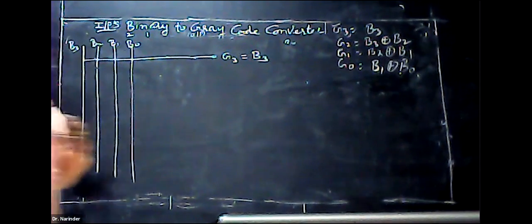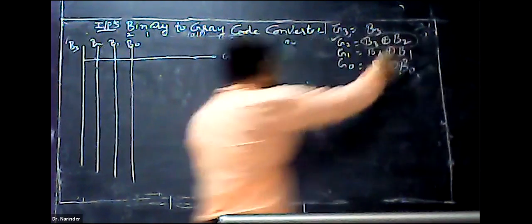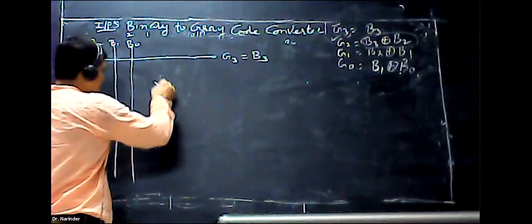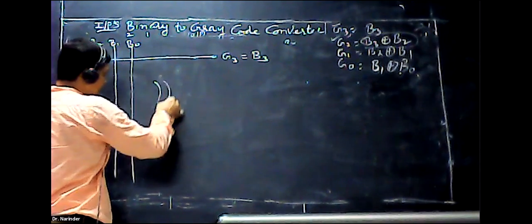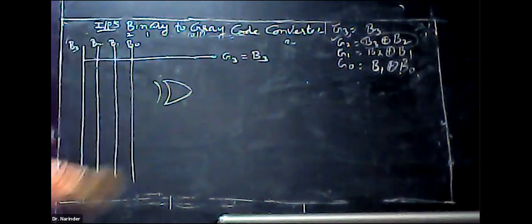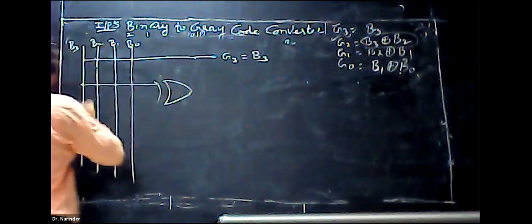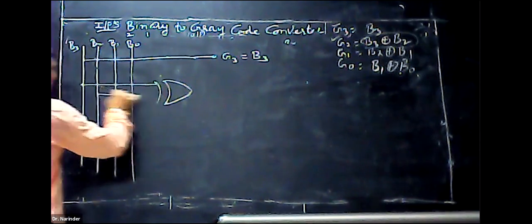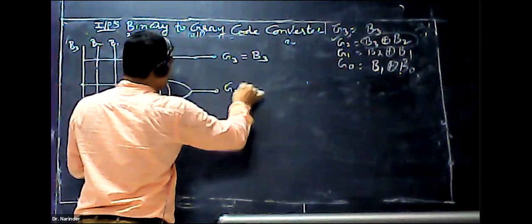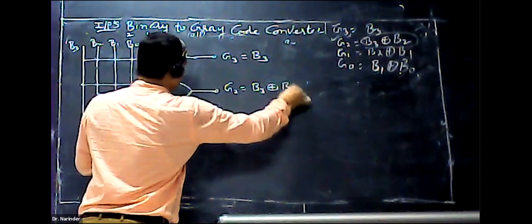Next, G2 is equals to B3 XOR B2. There would be one XOR gate. It is B3 XOR B2. G2 is B3 XOR B2.